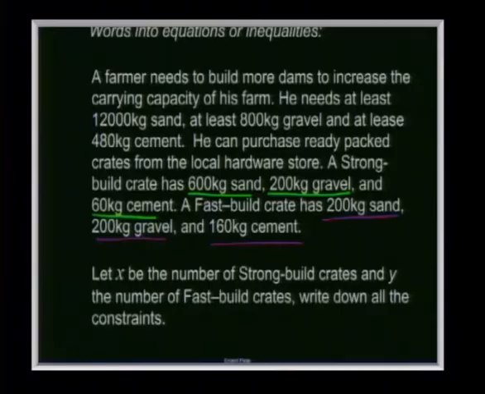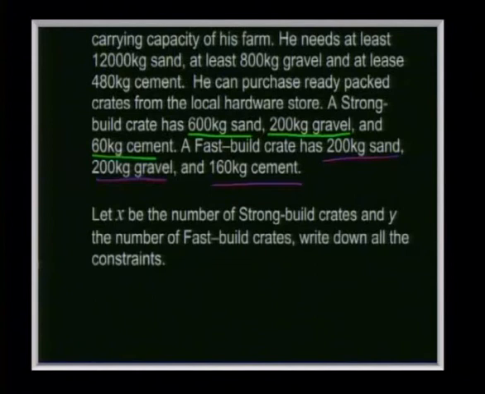Those are the important numbers that we need to work with. So let's have a look at how we can turn that story into a bunch of constraints. They tell you which one should be X and which one should be Y. In real life, you would make your own decision, but it really helps the markers if all the answers look pretty much the same.